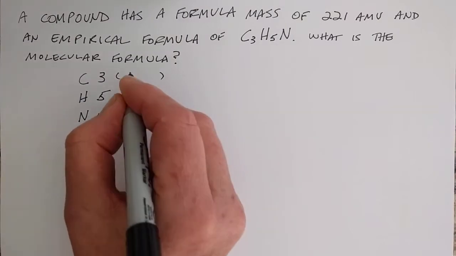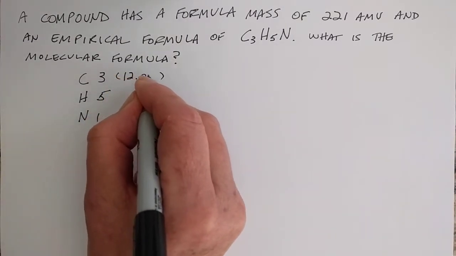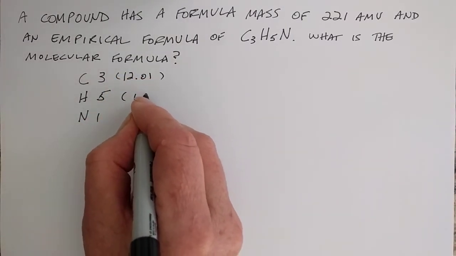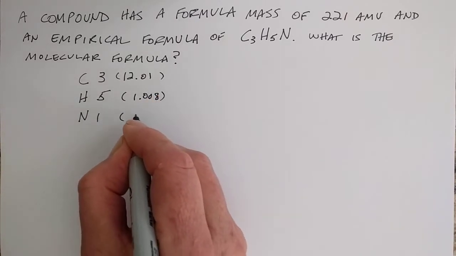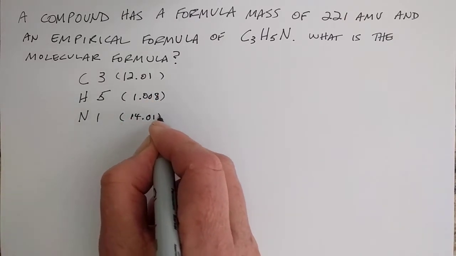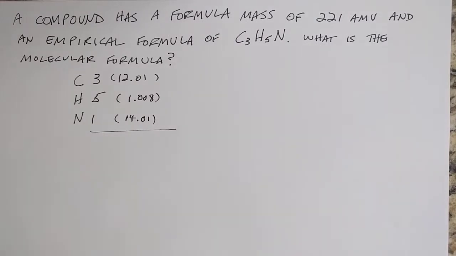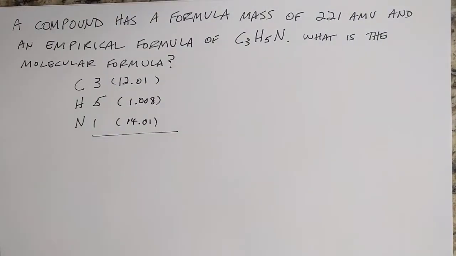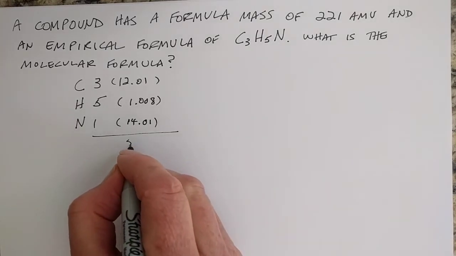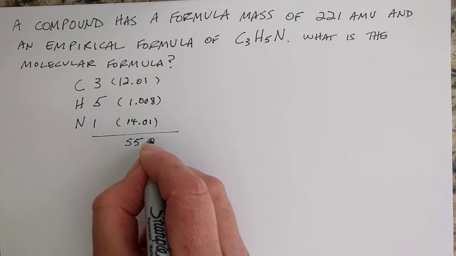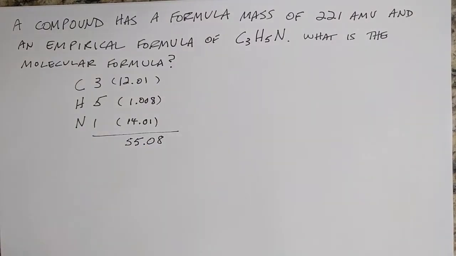Get our values from the periodic table: 12.01, 1.008, and nitrogen is 14.01. Let's add them up, see what we get. 3 times 12.01 plus 5 times 1.008 plus 14.01 equals, so we get 55.08.